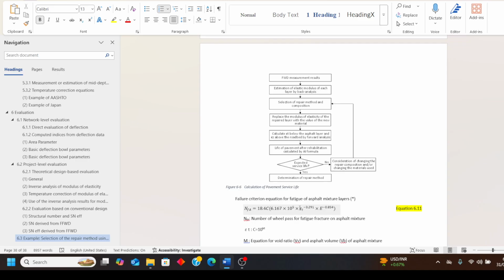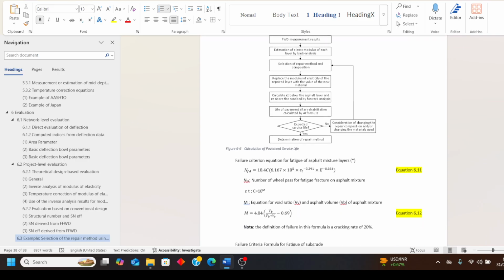In this equation, NFA is the number of load repetitions, which is the wheel passes until the fatigue cracking reaches 20%. The epsilon naught value is the horizontal tensile strain at the bottom of the asphalt.